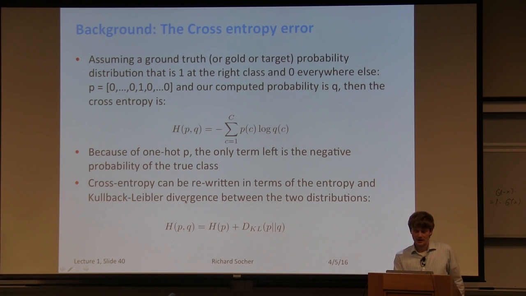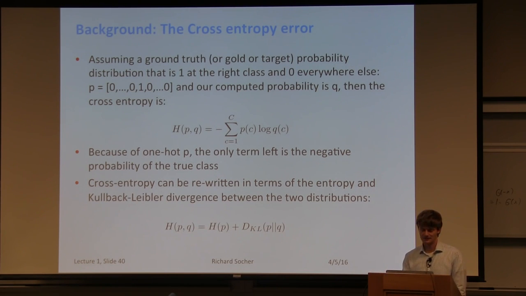We can also rewrite the cross entropy in terms of the entropy and the KL, or Kullback-Leibler divergence. It's not relevant if this is a little too fast, don't worry. I just want to make sure those of you familiar with information theory understand the difference.